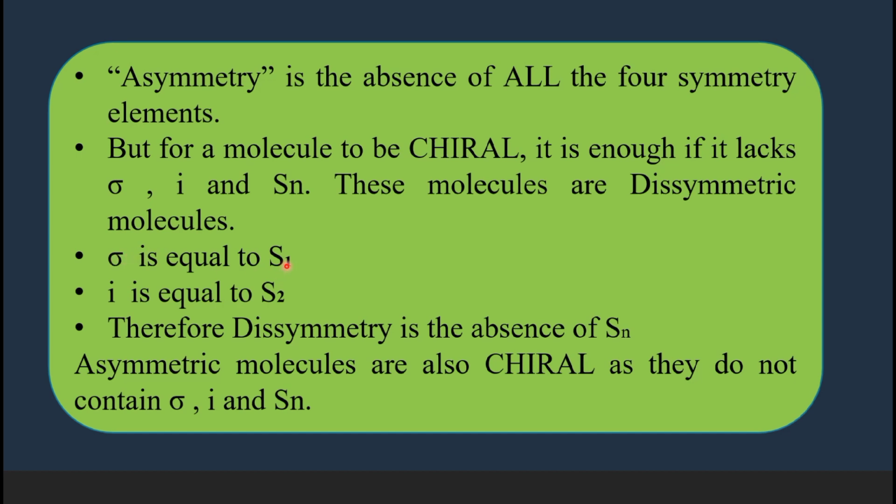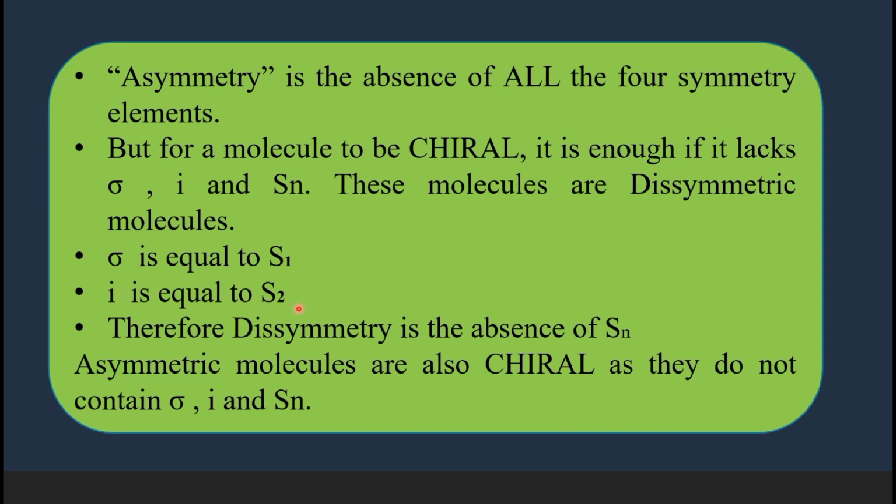Rotation by an angle 360° followed by reflection will give the same structure. So we can say sigma is equal to S1, and inversion center of symmetry I is equal to C2 rotation followed by sigma reflection. So it is equal to S2.